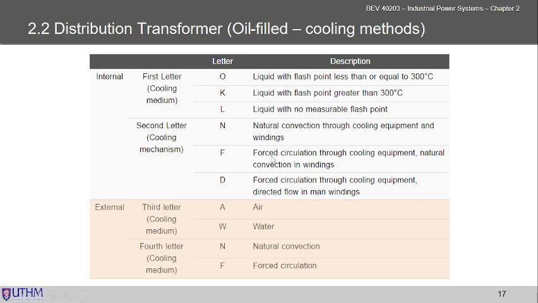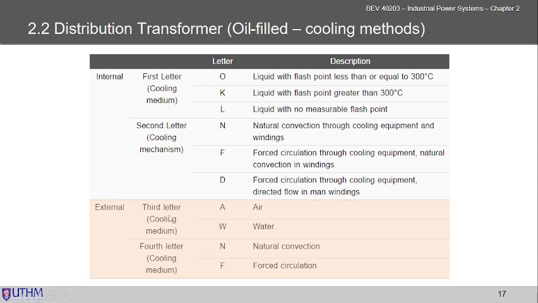By force, how are we going to force the circulation? Normally we use the fan, forced circulation through a cooling equipment, natural convection in windings. And D is forced directed, directed to a specific area, specific parts of the winding.